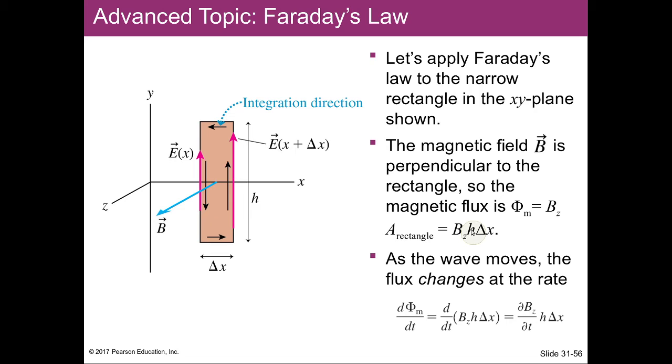And so then the change in that magnetic flux, well, our rectangle is of constant area, and so that just factors out of the time derivative, and our change of magnetic flux is just dBz by dt times h times delta x.